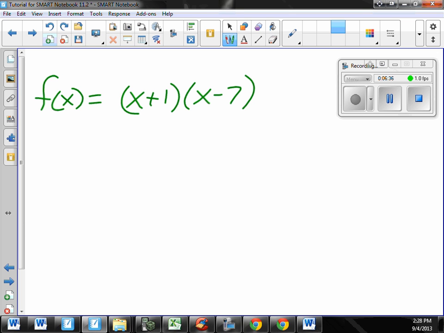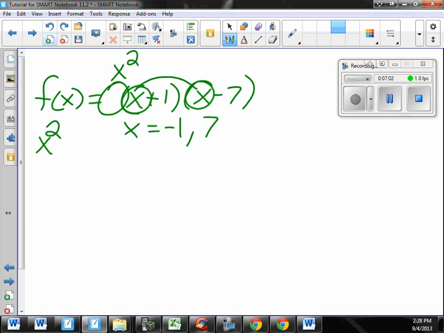So what are the roots associated with these factors? Negative 1 and 7. Now, this is going to be an x squared graph. Is it a positive x squared or a negative x squared? Well, there's nothing there, so that's a positive, and I have positive x times positive x, so it will be positive x squared.